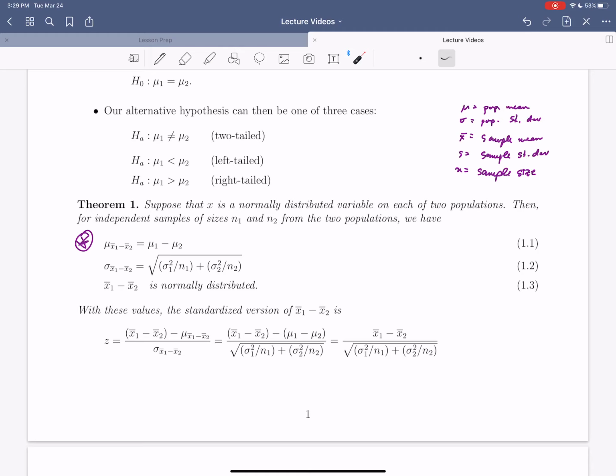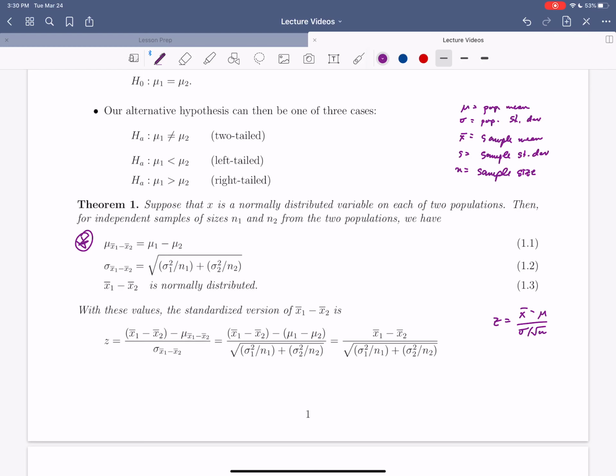So if we have a mean that's mu1 minus mu2, and if we have a standard deviation that's that formula, then remember that the standardized variable of anything is z equals x bar minus mu divided by sigma over square root of n. This is the relevant analog of that formula for this problem.